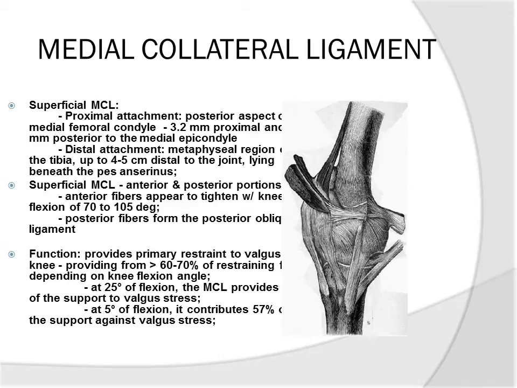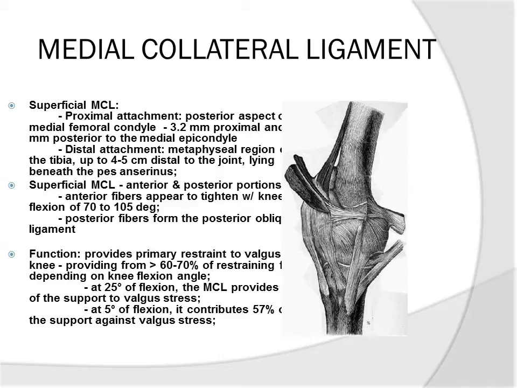SGT is sartorius, gracilis, semitendinosus. FOT is femoral, obturator, and tibial nerve innervations, respectively, of those muscles. Okay, so there's our proximal and distal attachments.